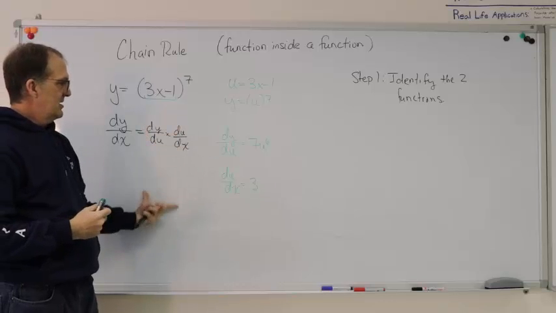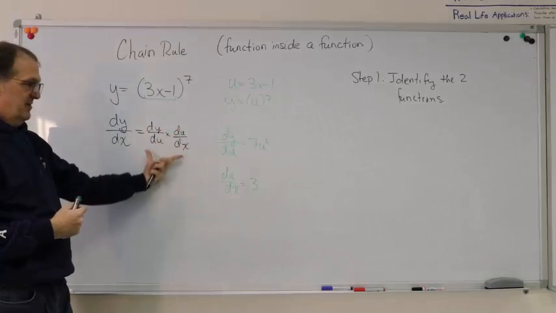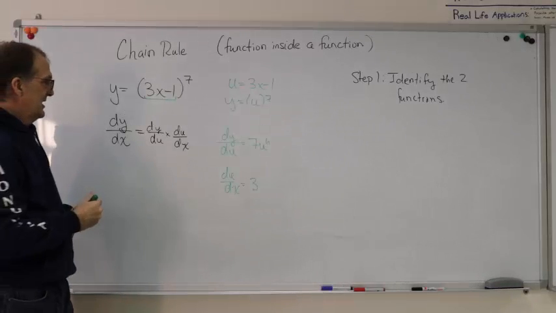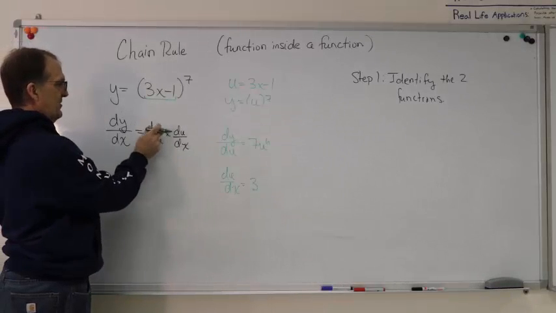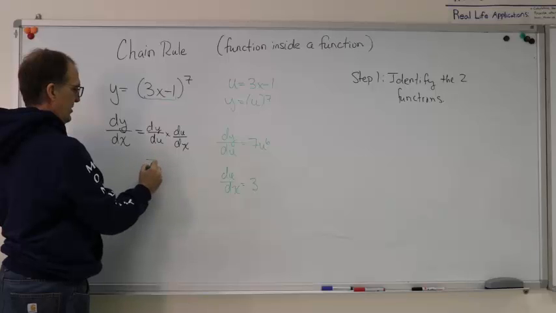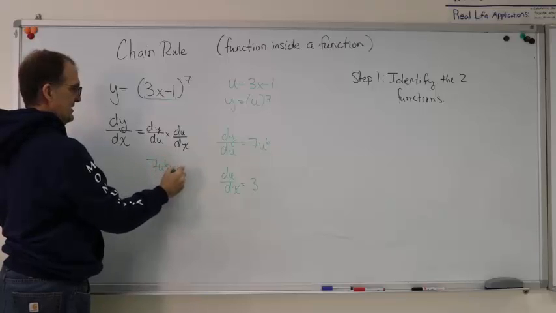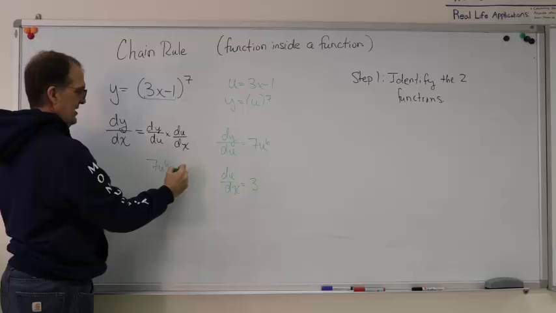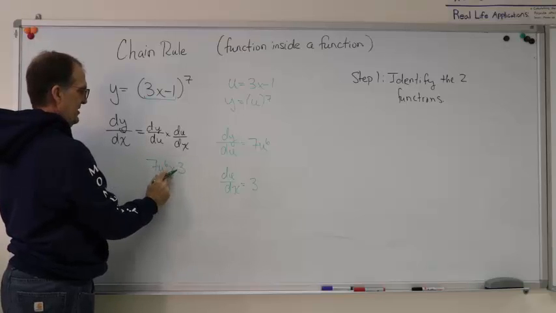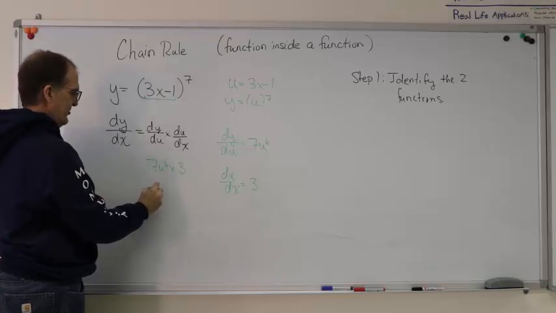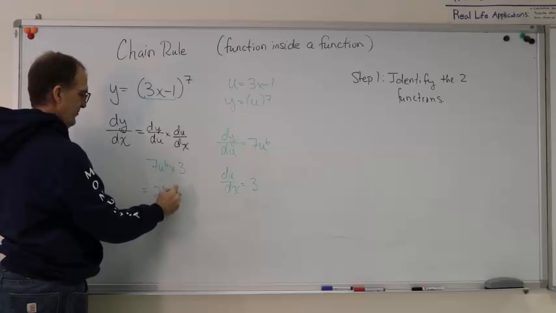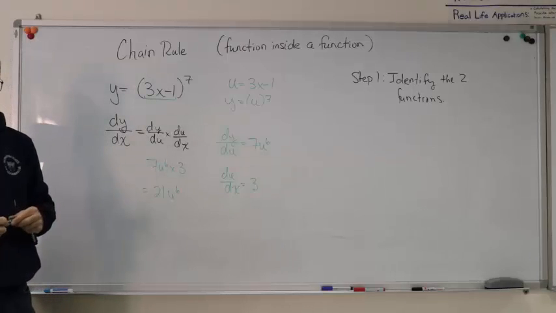Now I can come back to the formula. I have dy/du, 7u to the 6th, times du/dx, 3, and so this is equal to 21u to the 6th.